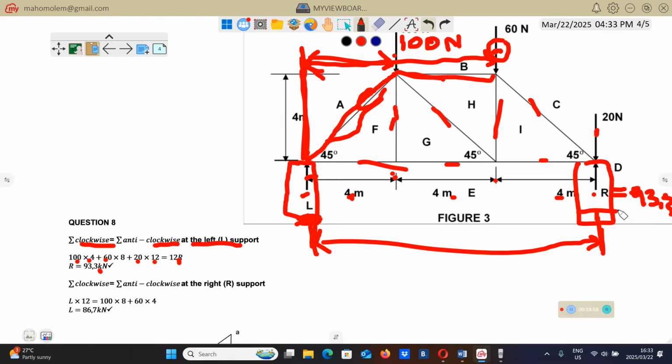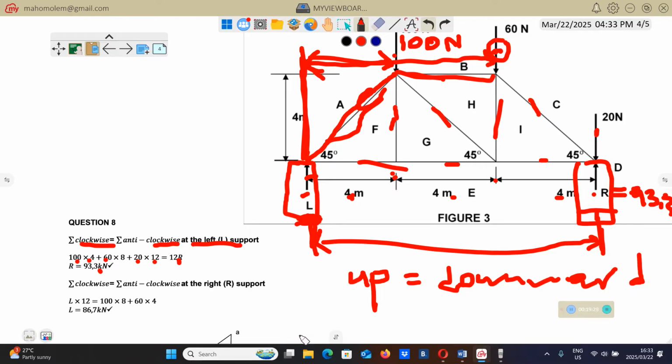So we know the reaction here at R. Now we have to find the reaction at L. To find the reaction at L, you can take moments at R, or you can use that state of equilibrium condition: upward forces will be equal to downward forces.